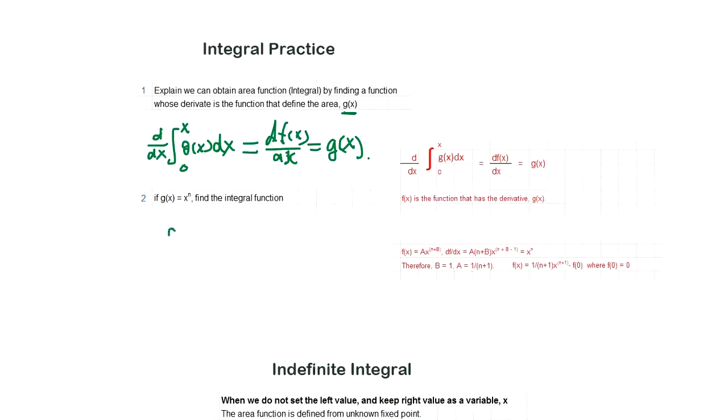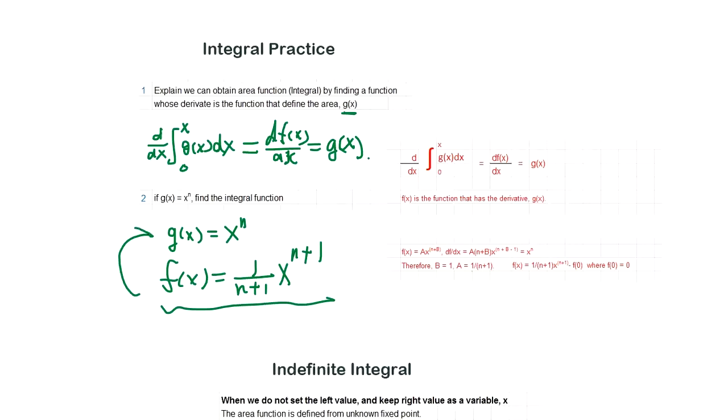So since g(x) equals x^n, f(x) must be 1/(n+1) x^(n+1), because if you take the derivative of f(x), it becomes this one. So as I said, we learned how to take a derivative of a function.